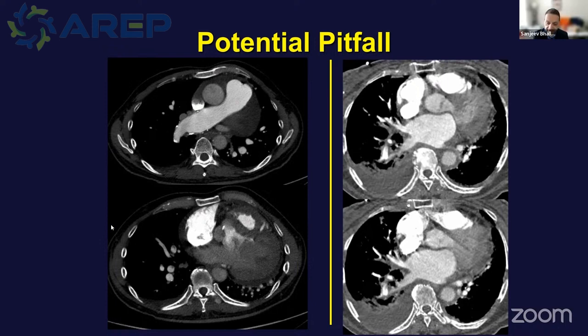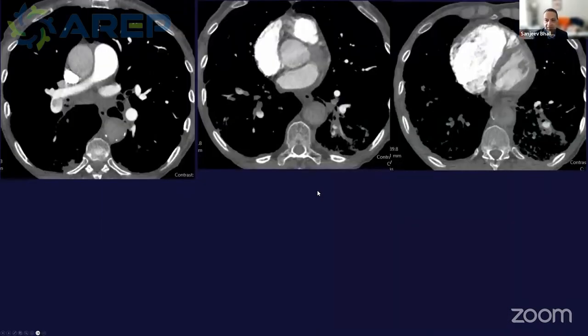So if all you see are these ill-defined filling defects in the anterior portions of the lower lobe pulmonary arteries, think for a moment, is the aorta opacified? And if the aorta is not well opacified, then keep in mind that this may represent unopacified bronchial artery inflow. And this will not be seen if the aorta is opacified because they will also have contrast and you won't see them in the background.